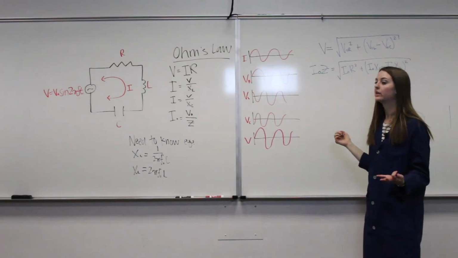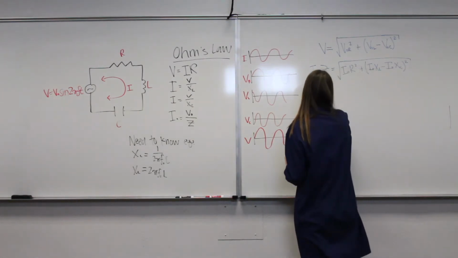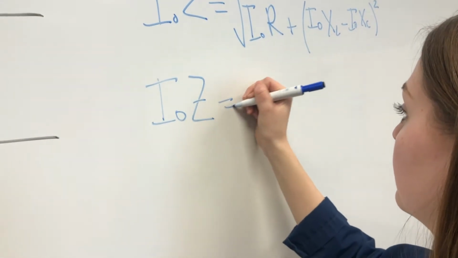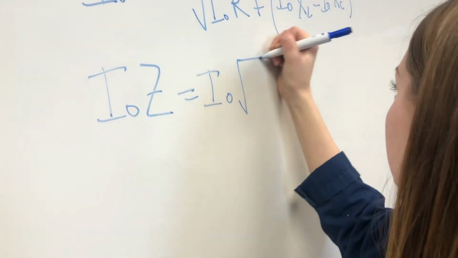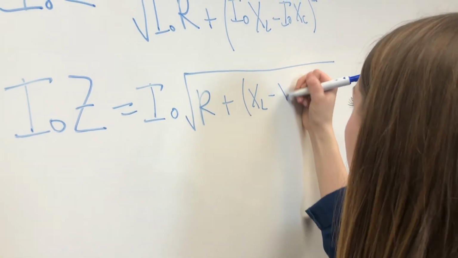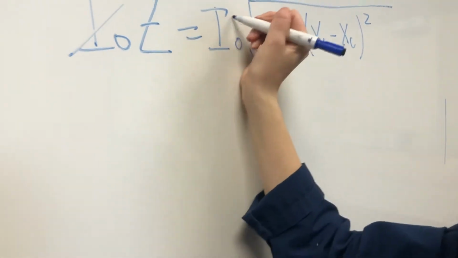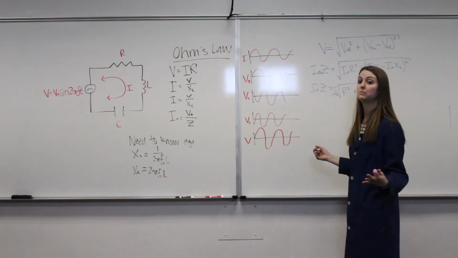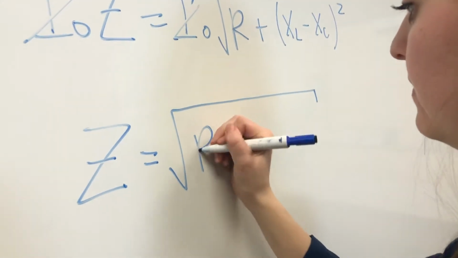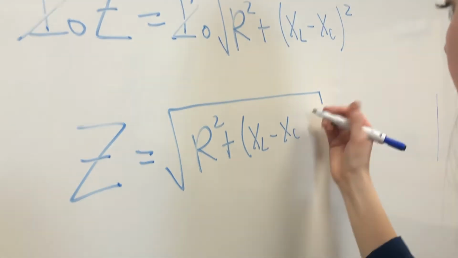Now with basic algebra, we're able to pull the I0 out from underneath this square root, and we get I0 times Z, which is our impedance value, is equal to I0 times the square root of R squared plus XL minus XC squared. Basic algebra also shows that we can cancel out these I0s, which gives us the equation for impedance. So Z is equal to the square root of R squared plus XL minus XC, that value squared.